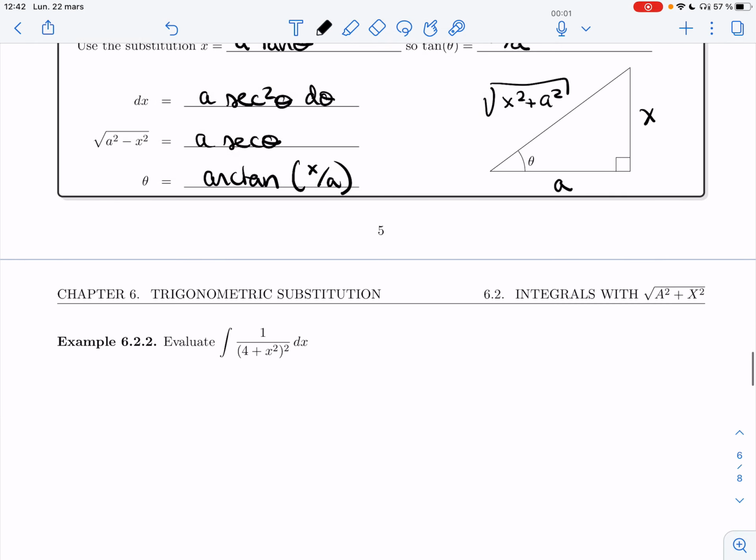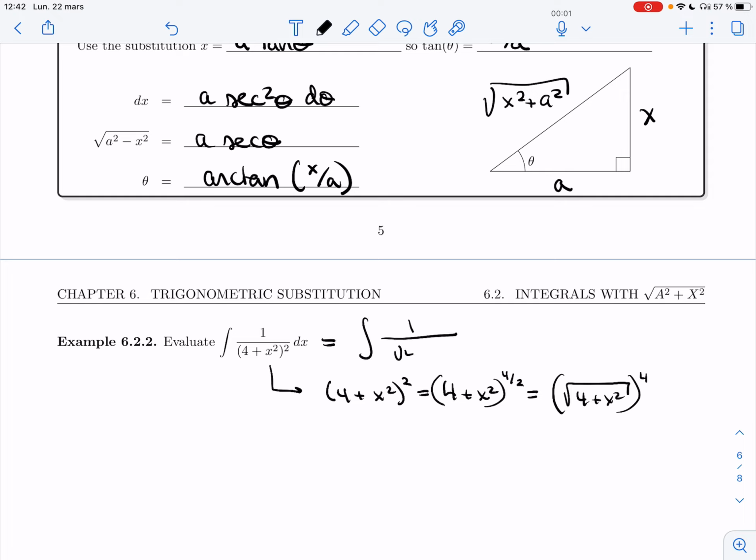You could think of this as (4 plus x squared) to the 4 halves, and then that half gives you a square root to the power 4. And so this is the same integral as the square root of 4 plus x squared to the power 4, dx.